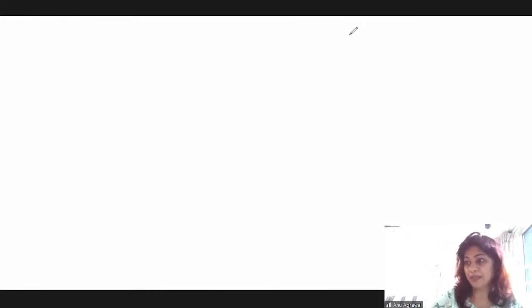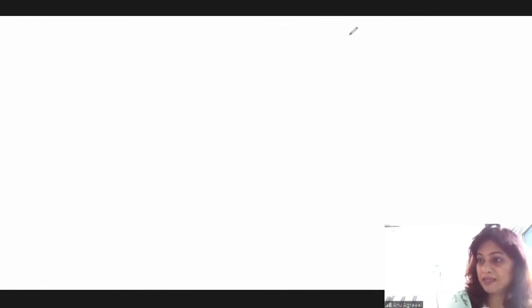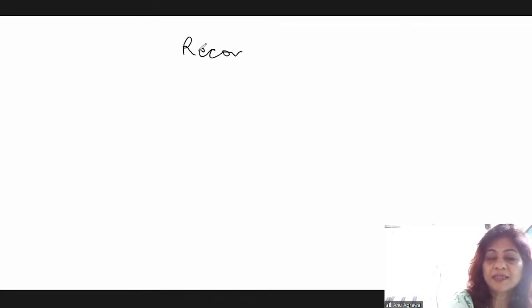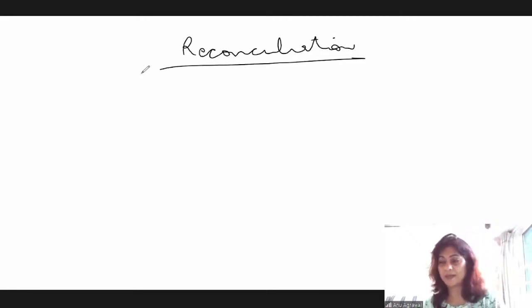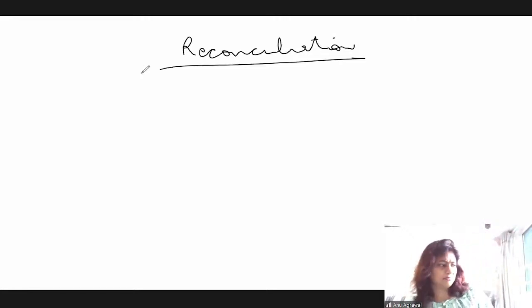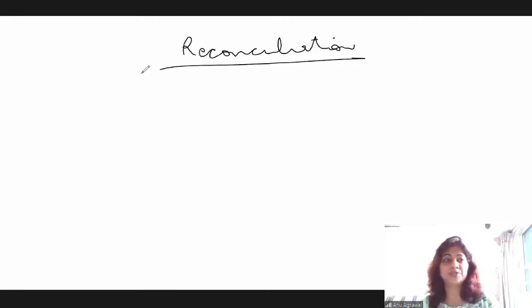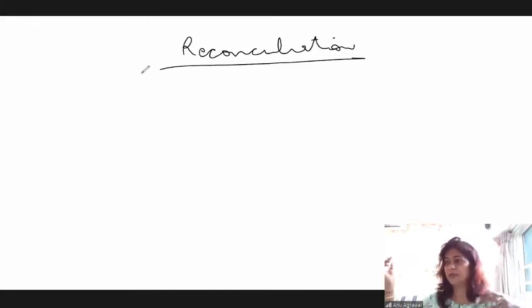Now, what do you mean by reconciliation? This is something you should understand and then solve a few sums. You have done reconciliation when you did cash and bank. There also, when I used to see a CA foundation student, I used to find students learning some kind of table or a formula: you do this, you add it up and reduce it.